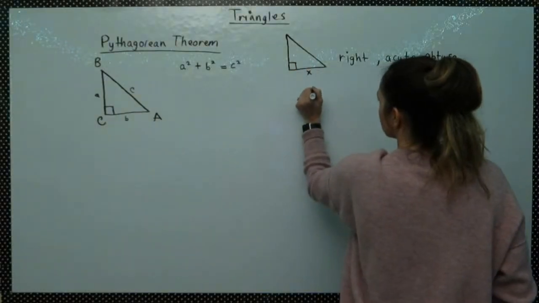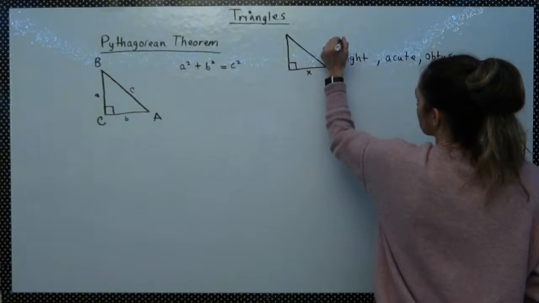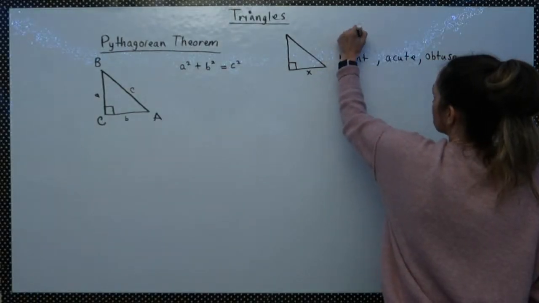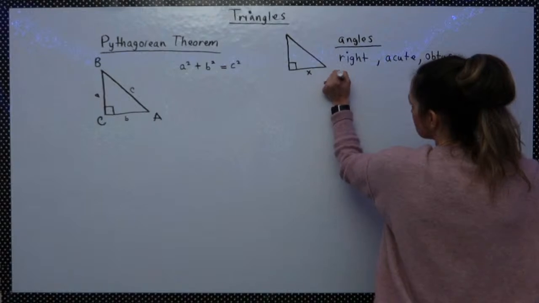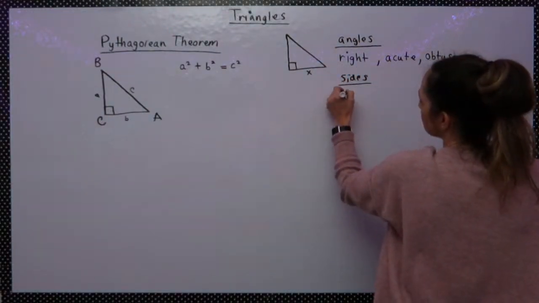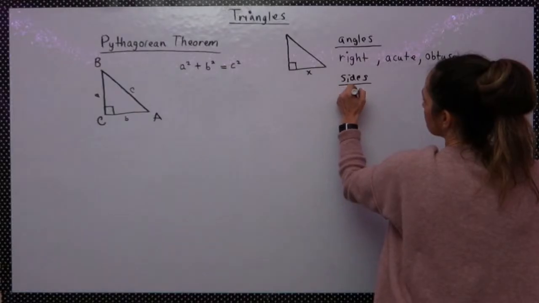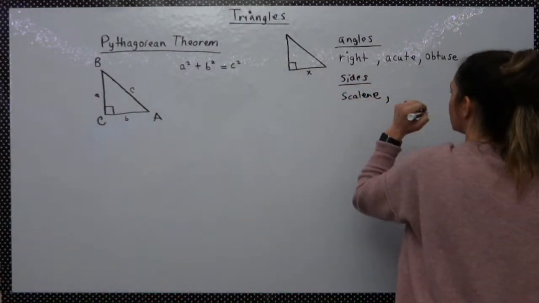So you have a scalene, angles, and then also sides. So you have a scalene, and then you have an isosceles.